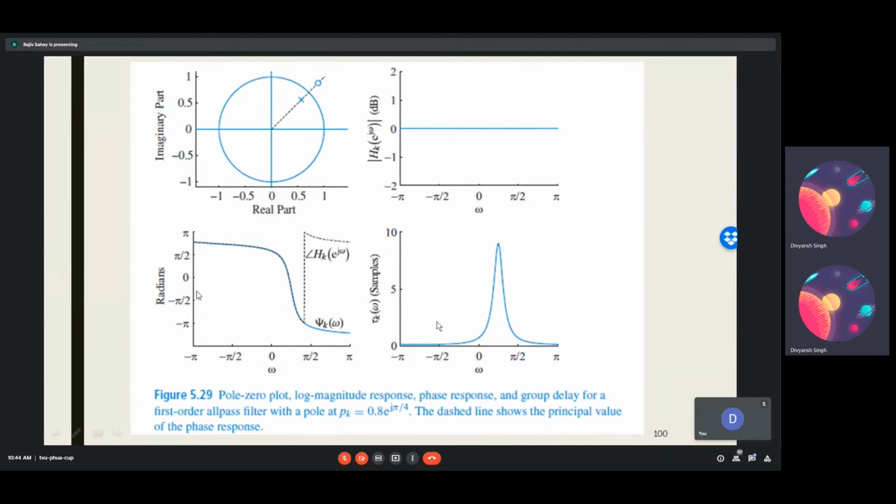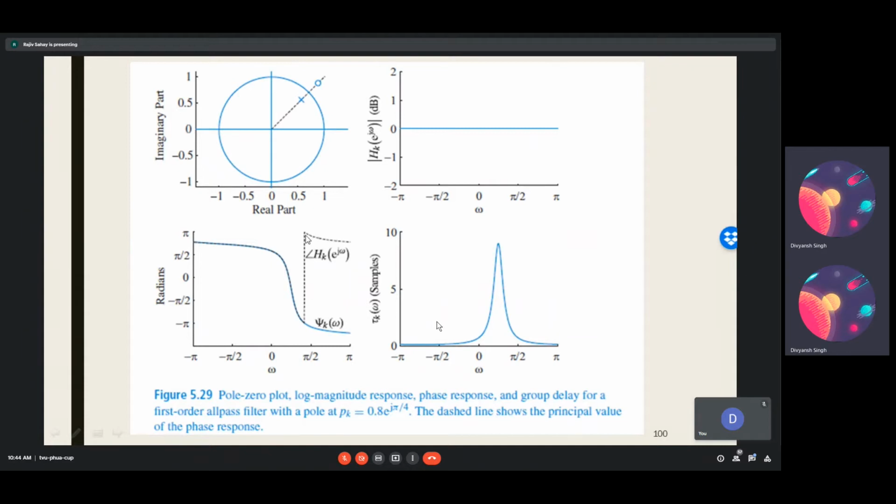Then you have the phase response. You see this continuous phase response shown in blue color is psi omega, the unwrapped phase response, whereas the principal phase response is shown in the dotted black color. Can you all see that there is a discontinuity here? Yes, sir.